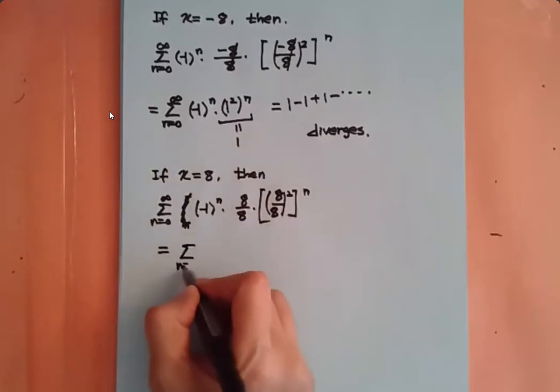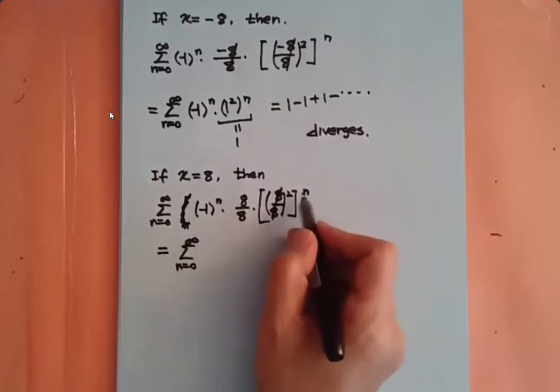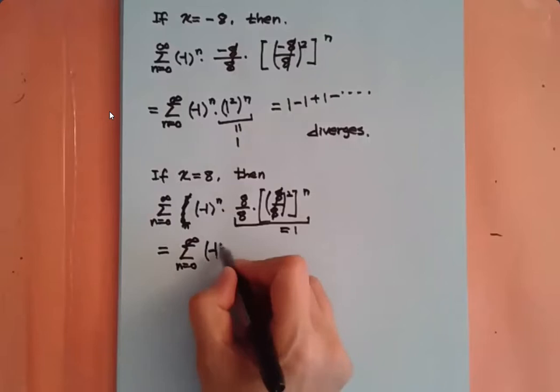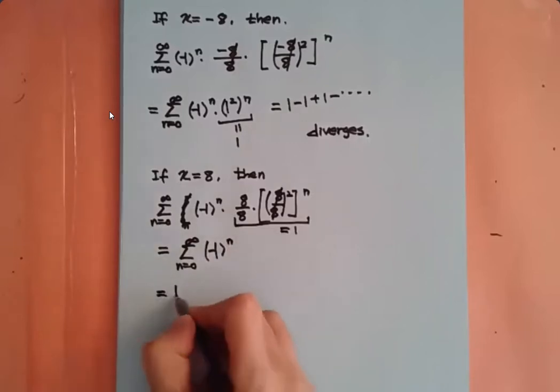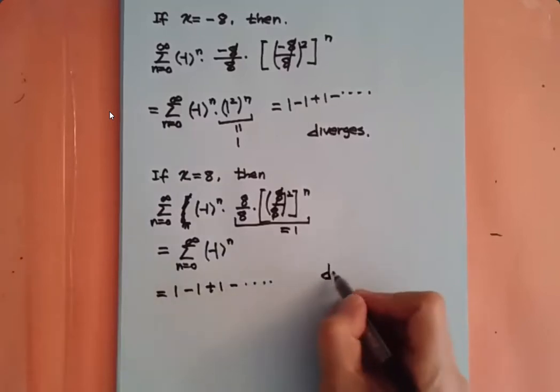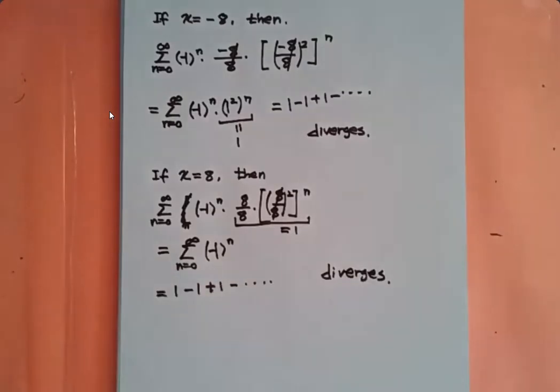This part is 1, 1 squared n is 1, everything is 1. And so this is negative 1 to the n power. And so again, it becomes 1 minus 1 plus 1 minus, and so on. That diverges. Any questions? Things are a little bit complicated.